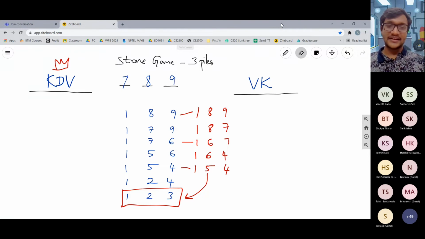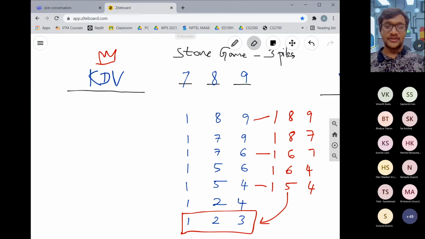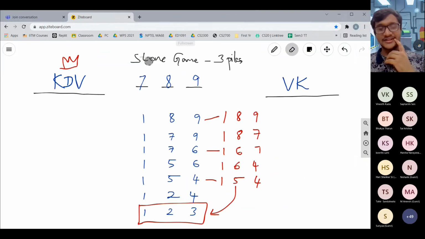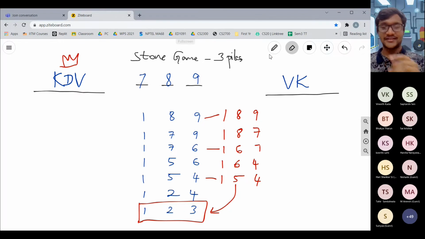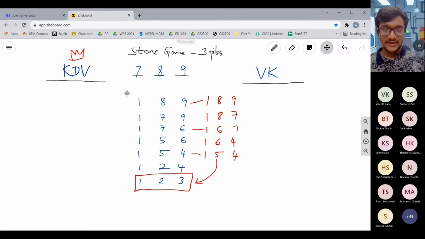I was playing it using a small code that I had written. I would type in the move that Vineet would play, and I would get what move I should play. So it's a fun way to use your programming skills to defeat your friends. Basically it's a known game. We would share the code as well. For now I will just share the link to it.